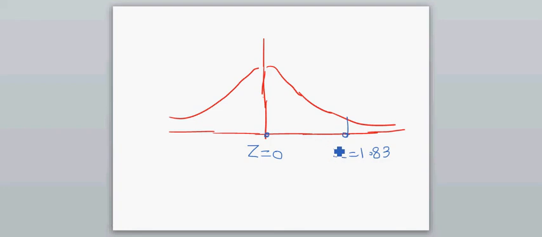Now we want to calculate the probability of z greater than 1.83. Z greater than 1.83 means z values which are more than 1.83. So towards the right side you will have z values more than 1.83. The left side is towards z equal to 0.